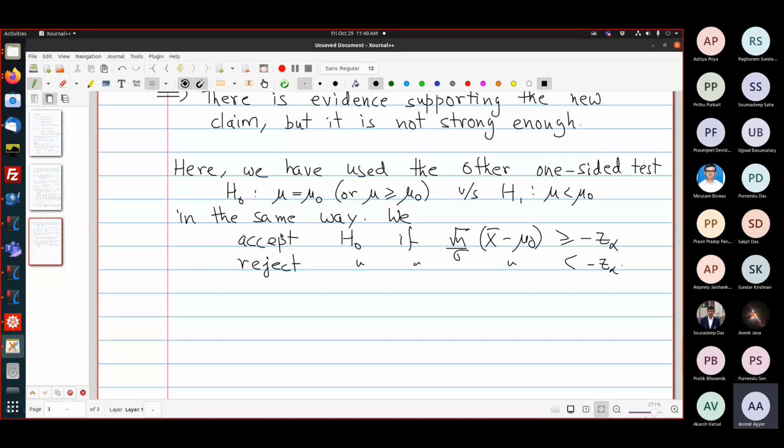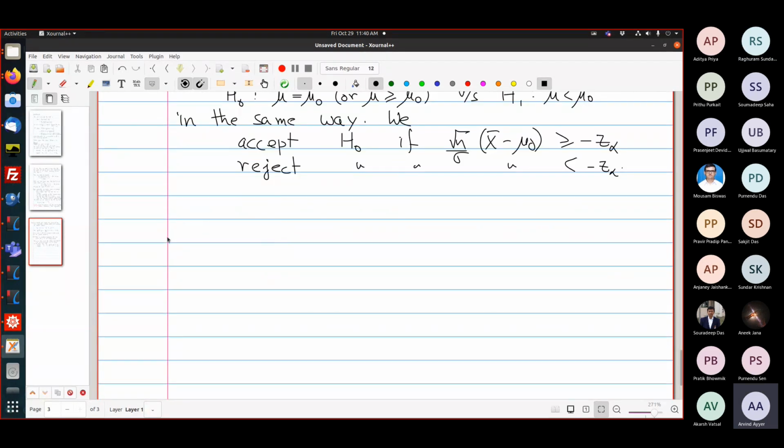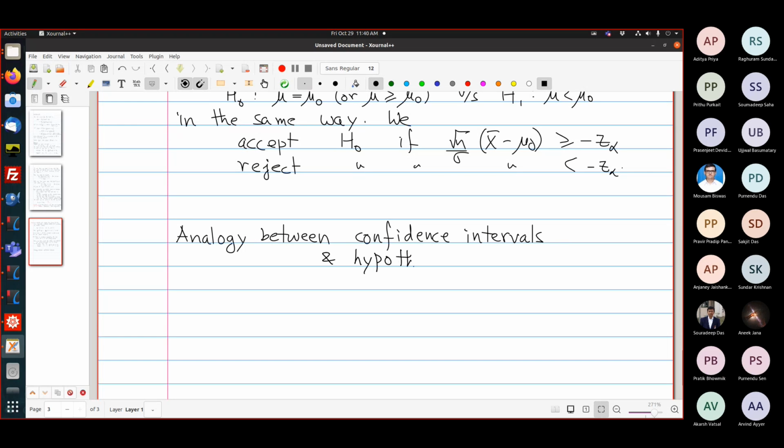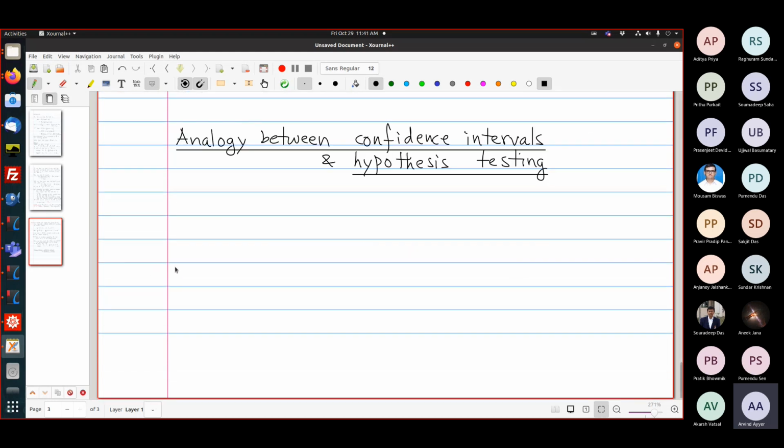All right. As you might have noticed, there is an analogy between confidence intervals and hypothesis testing. In both cases, both the one-sided and two-sided tests, we used our calculations for the confidence intervals. We could rederive it because it's easy.